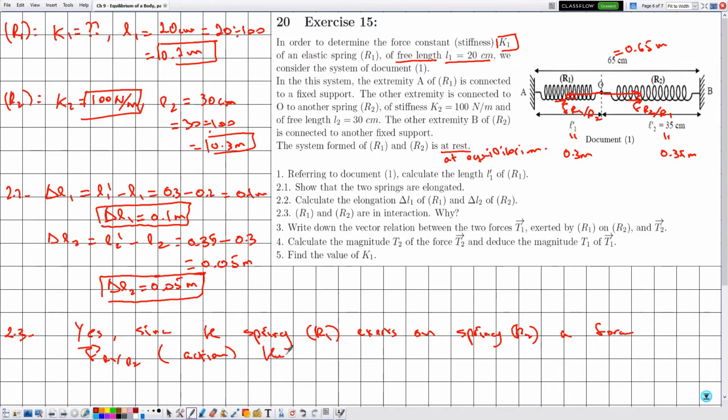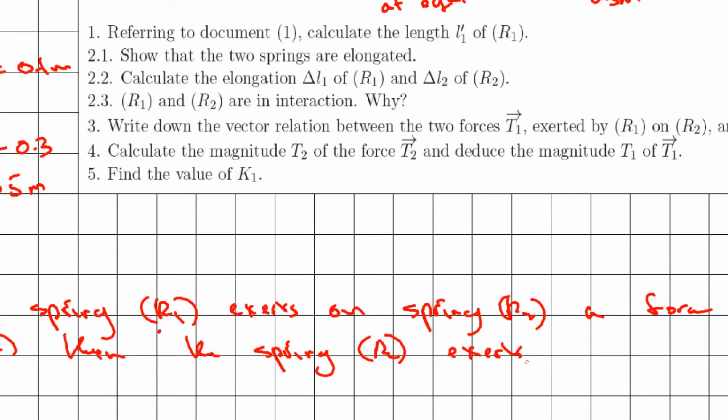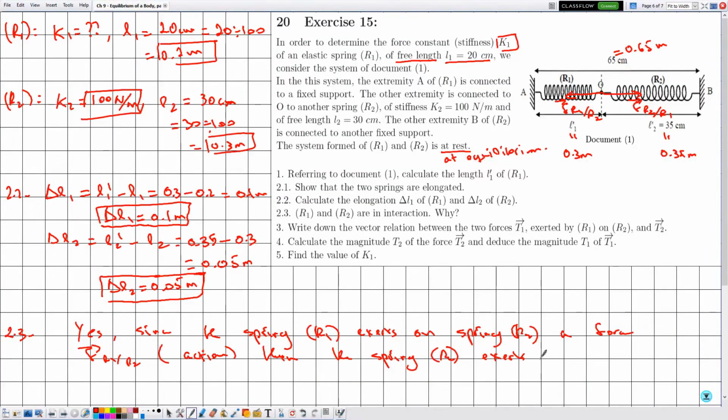Then the spring R2 exerts, so now we flip them, this is R2 and this is R1, a force given by F R2 on R1, which is said to be the reaction. Okay, so this is the principle of interaction.